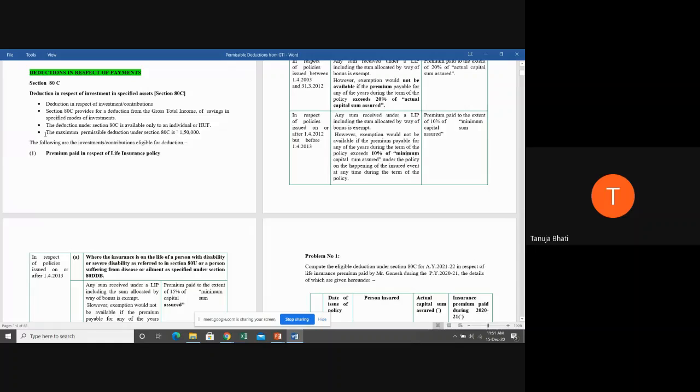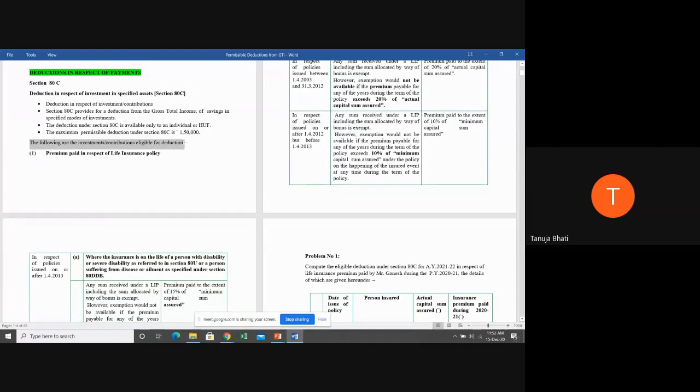Now, the maximum permissible deduction under 80C is 1,50,000, which means even if you're putting savings in the list of investments specified under this section which is above 1,50,000, suppose you're putting a sum of rupees 2 lakh in the investments under 80C, still you will get a deduction of only 1,50,000 because the maximum deduction that you can get under section 80C is 1,50,000.